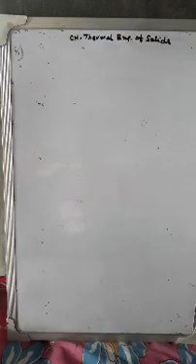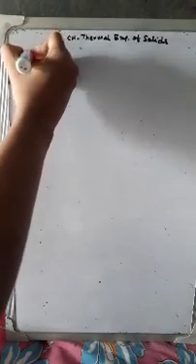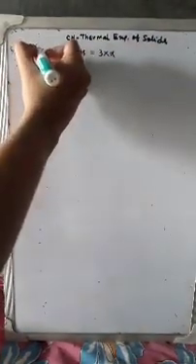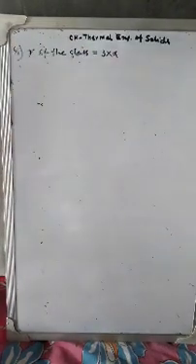First of all, from the question itself you can see that this is from the volume expansion. So for the volume expansion you have to calculate the gamma. So gamma of the glass is 3 into alpha, isn't it? 3 into alpha's value is 4.5 into 10 to the power minus 6.